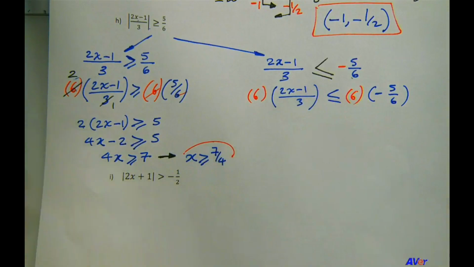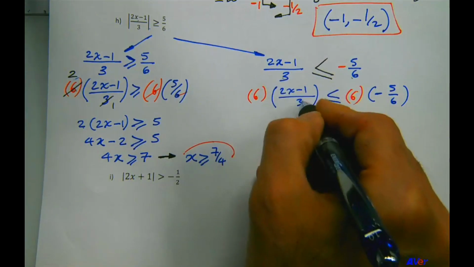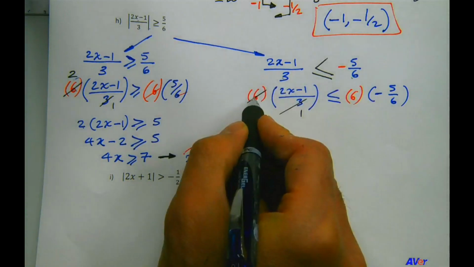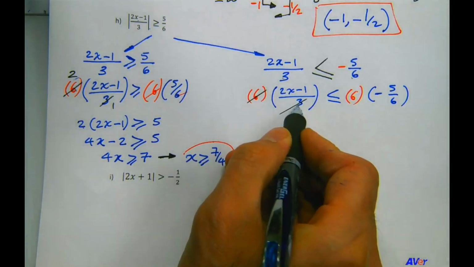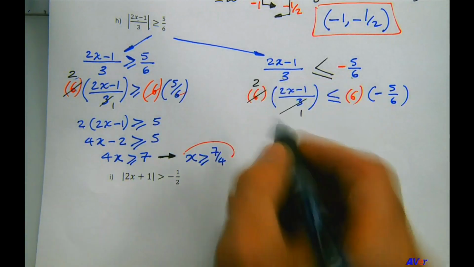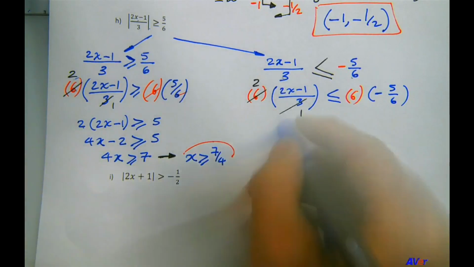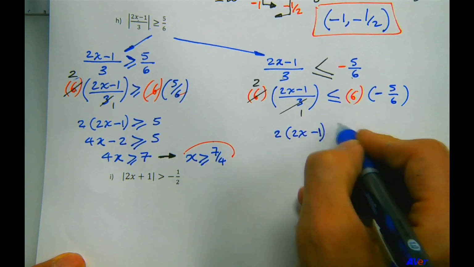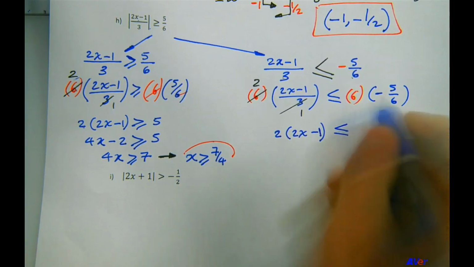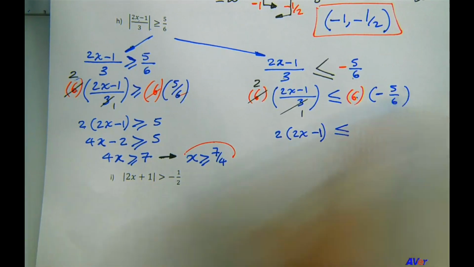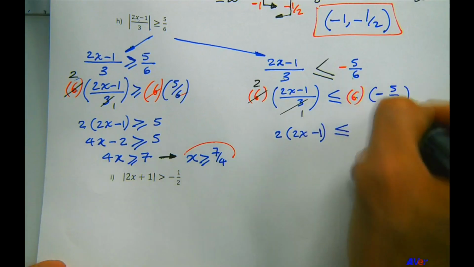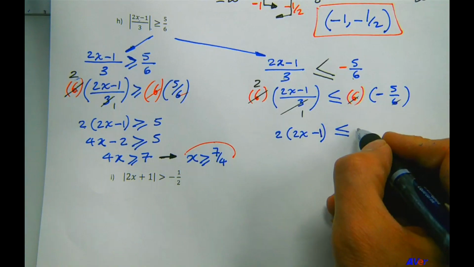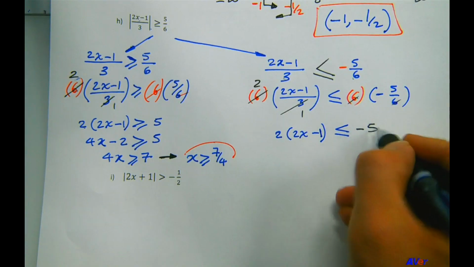So then 3 goes away, we have 1. 6 has a factor 3, which goes away with this. We're left with 2 here, right? So once again, we have 2 times 2x minus 1 less than or equal to 6 times minus 5/6. This 6 and this 6 cancel each other out. We end up with negative 5.